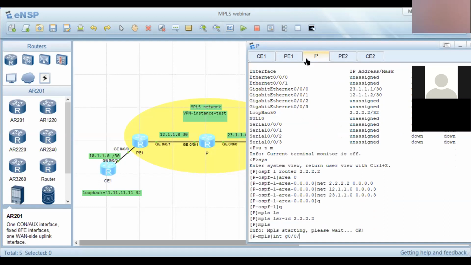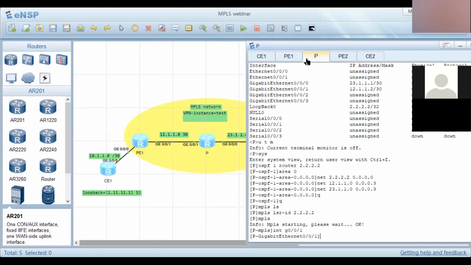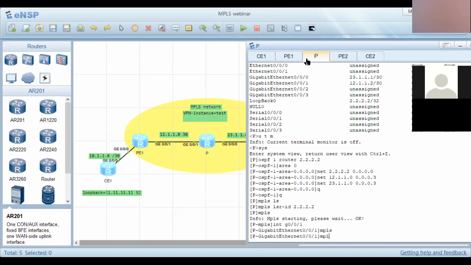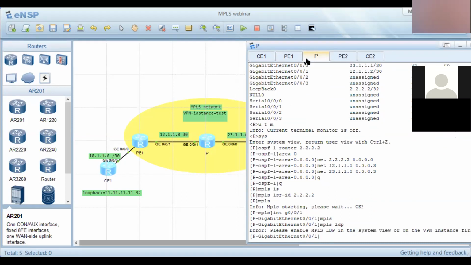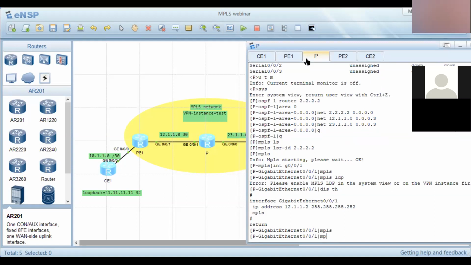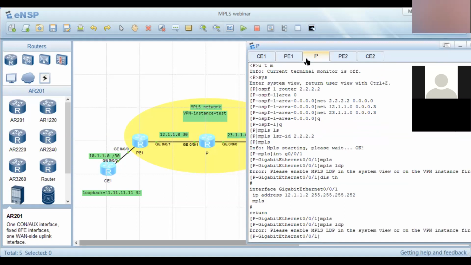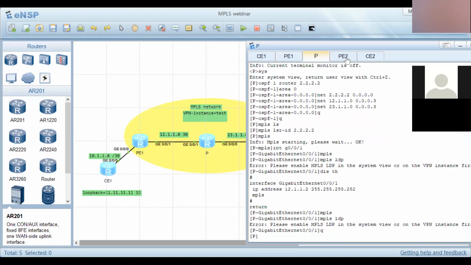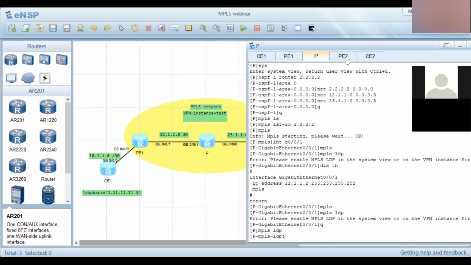On interface G0/0/1, which is connected to the PE1, we'll configure MPLS, because we didn't configure MPLS LDP globally.